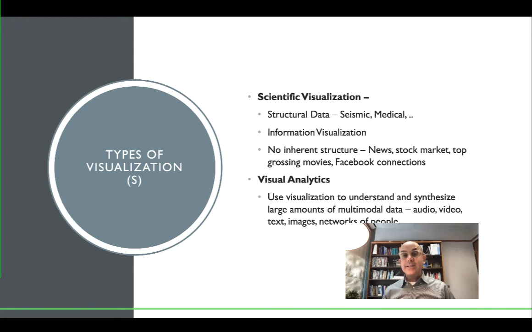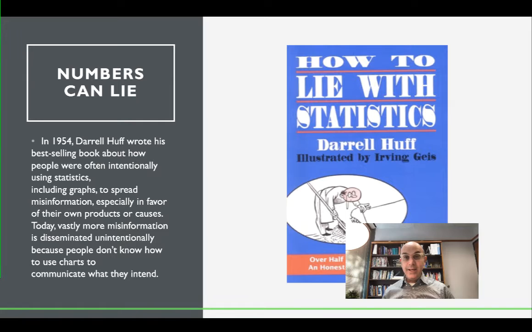Visual analytics is to understand large amounts of data that can come from audio, video, text, imaging, and network. So yes, those two fields collaborate with each other, but visual analytics usually refers to the large amount of data that we are often inside.